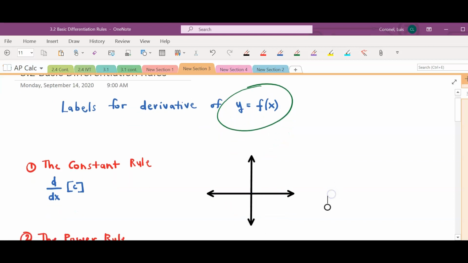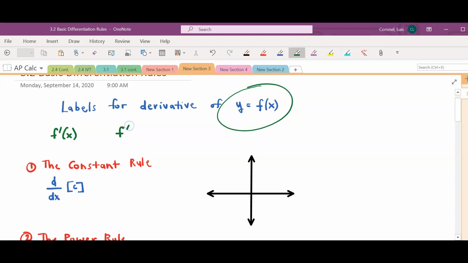Alright. So the notation for derivative could be, there's different notations because calculus had different fathers. We had Newton and Leibniz, but we have f prime of x. That would be the derivative. Another notation would be y prime.